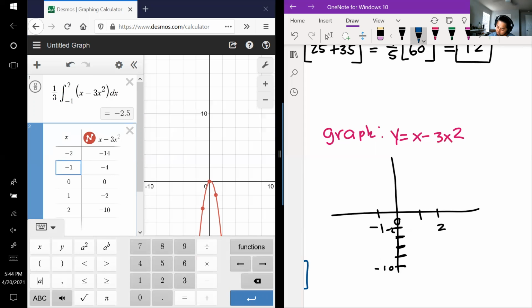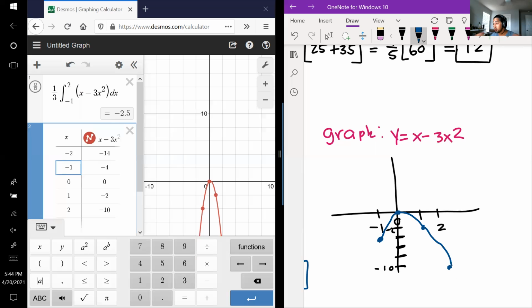At -1, we're at -4. 0, we're at 0. 1, we're at -4. No, sorry, -2. And then 2, we're at -10. So we're down here. So our function looks like this. Let me get rid of that dot. Oh well, there we go.